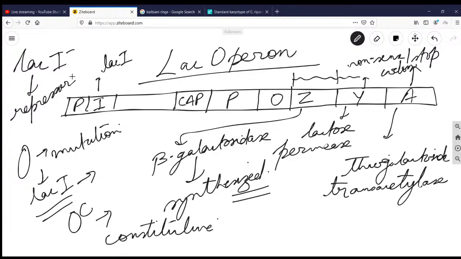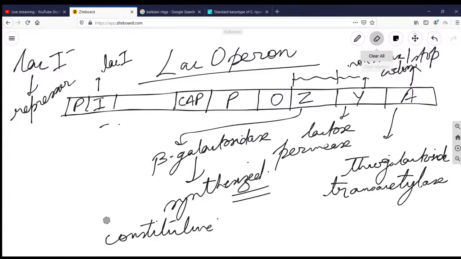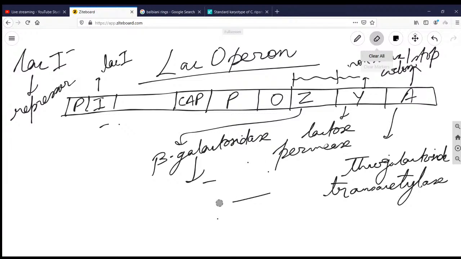It may have a missense mutation which will reverse its configuration, or it may have two things here. I'll erase all this, so that the concept remains clear.